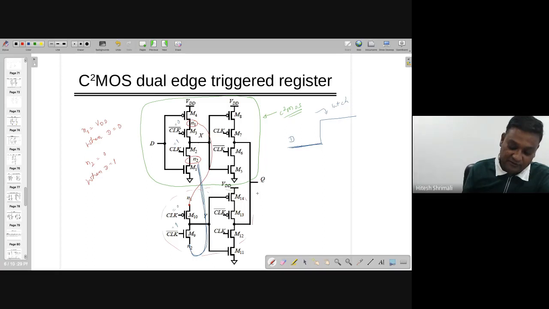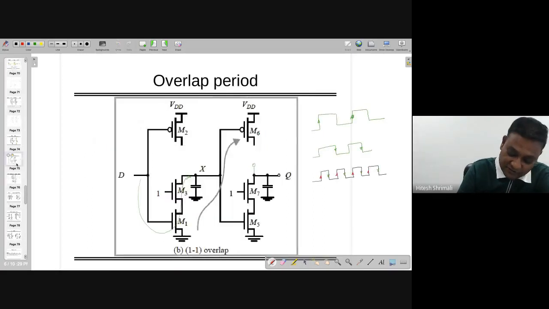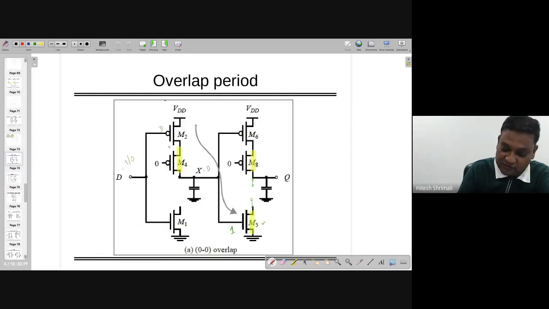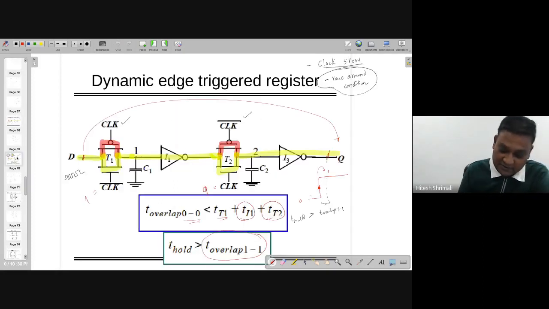Here the requirement of clocks is actually driving only 8 transistors, so it's 8 times C gate. Whereas in the case of C-square MOS, it's going to be a loading of 4 times C gate. But if you look at the previous one, this also has 4 times C gate. That's the capacitance the clock has to drive.